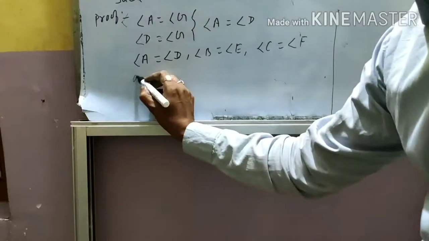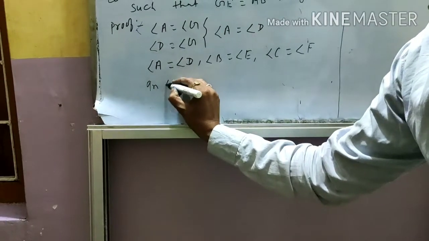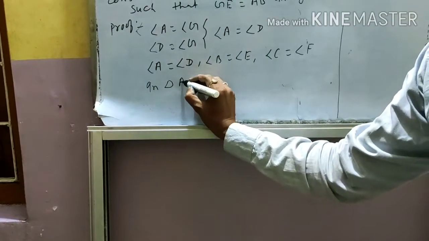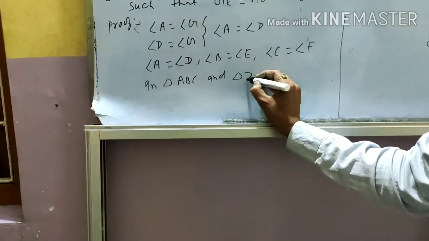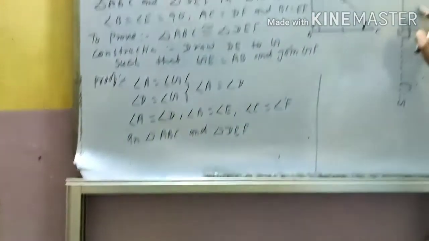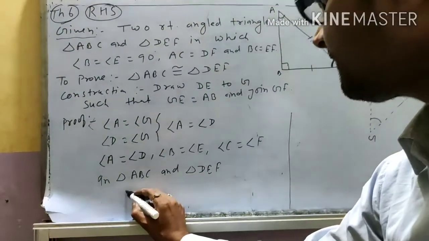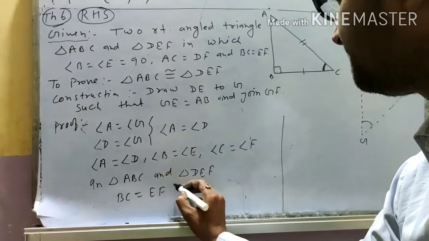Then after, in triangle ABC and triangle DEF, BC is equal to EF.